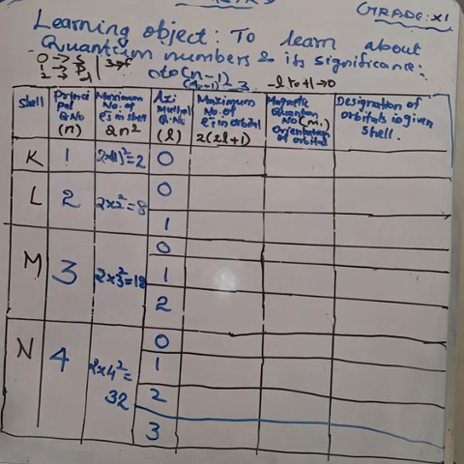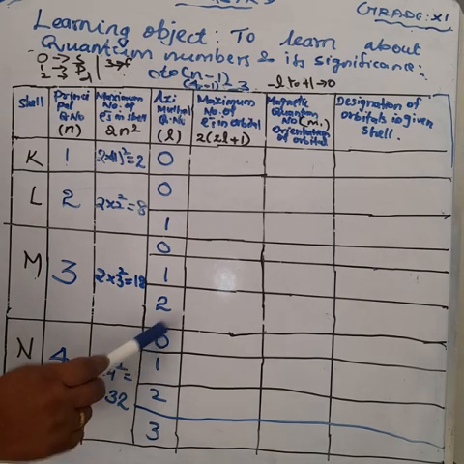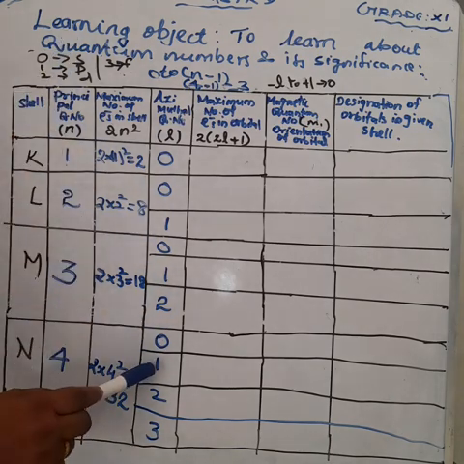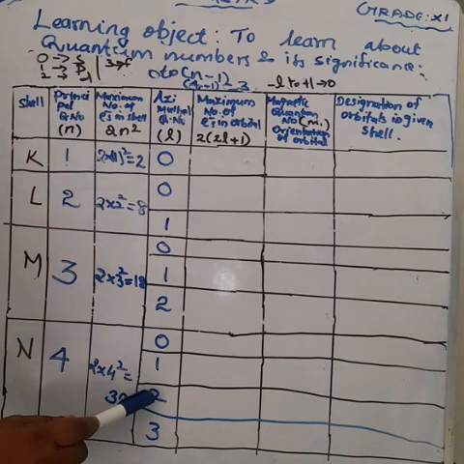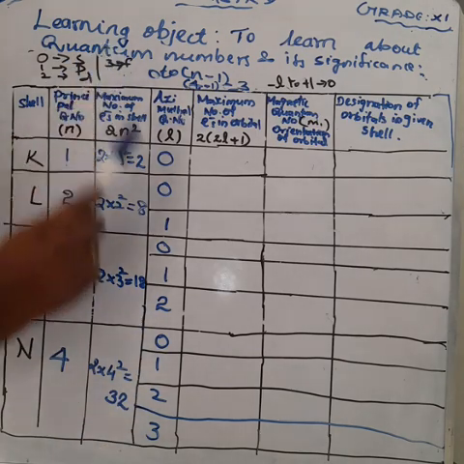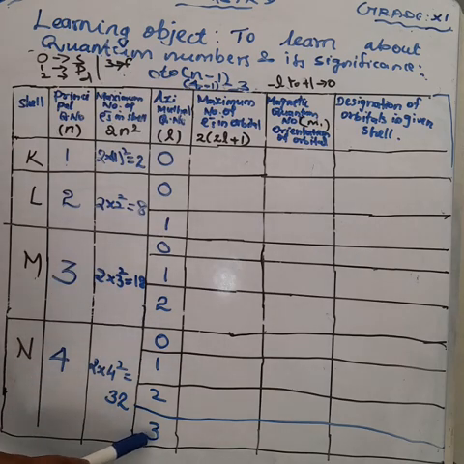And finally the N shell has 4 subshells, 0, 1, 2, 3. 0 means S subshell, 1 means P subshell, 2 means D subshell, 3 means F subshell. Okay. Understood? These are about the azimuthal quantum number.